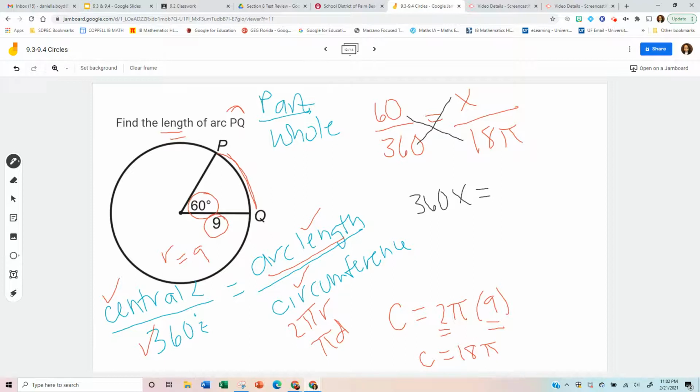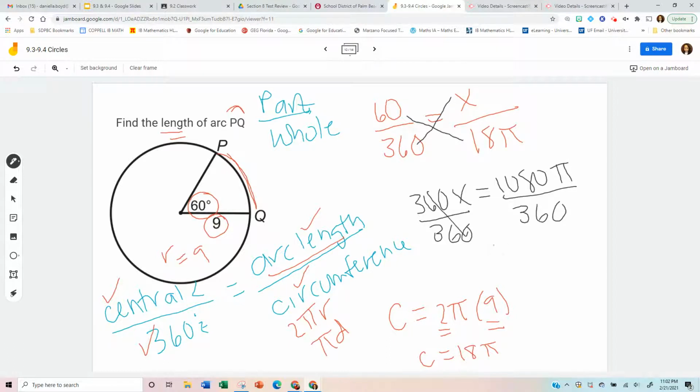So I'm just going to do 60 times 18, and I get 1080 pi. From here, remember that your goal is to solve for x, so we're going to divide by 360 on both sides to cancel this out. Remember, do the regular numbers together and then leave pi at the end.